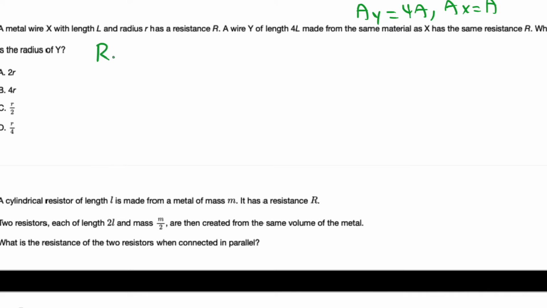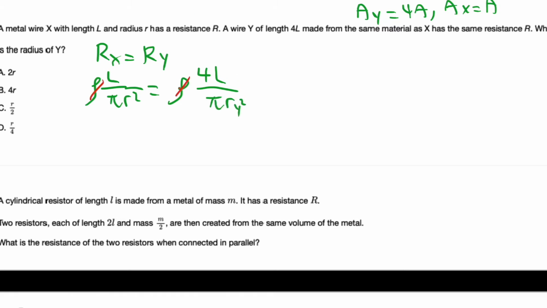So R_X is equal to R_Y, which is equal to resistivity times length over area. So area is going to be equal to pi R squared, and this is equal to the resistance of wire Y. So resistivity times length, so 4L over pi R_Y squared.